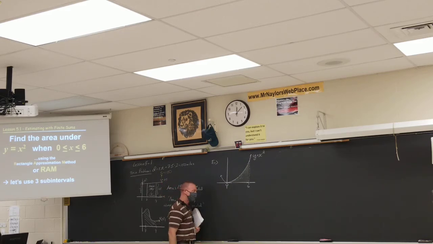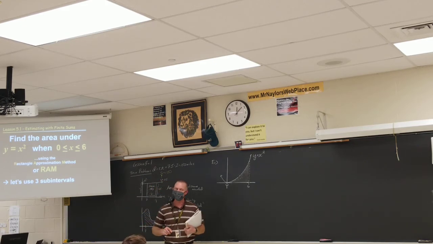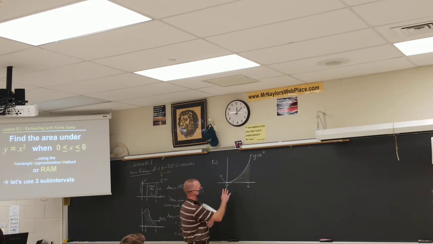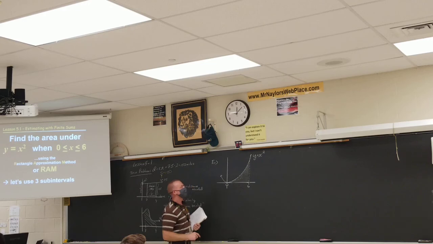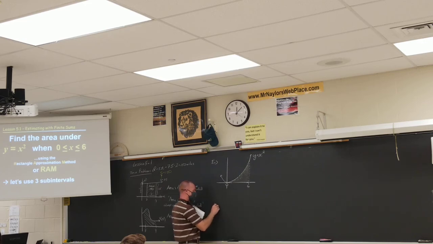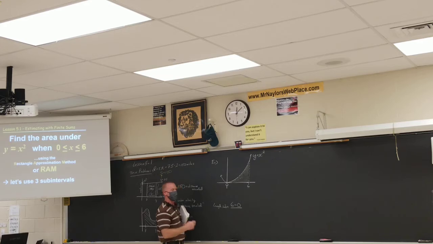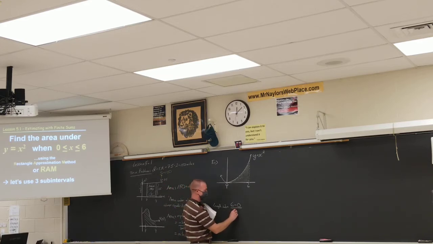Now, a subinterval is really just a name for the number of rectangles. So what that means is we're now going to end up with 3 rectangles from 0 to 6. And you can do a little bit of common sense math. The technical math that you'll need for some harder problems is that the length of the subinterval is always going to be the total length divided by the number of subintervals.